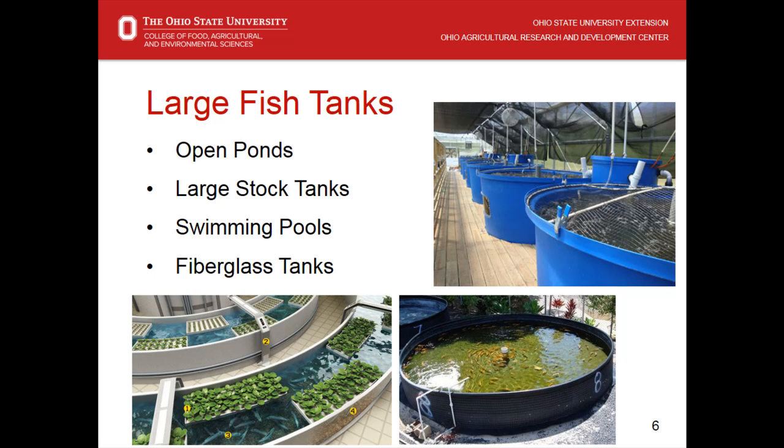We have one actual large aquaculture tank. The rest are agricultural white tanks that you cut the top off. Well, there you go. So that's an option as well, or fiberglass tanks, or if you want to go swimming with your fish, you can put them in the swimming pool.